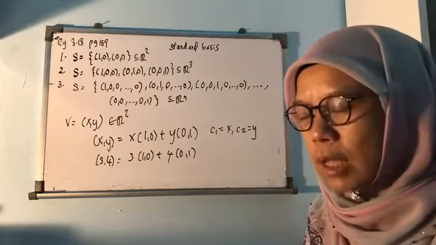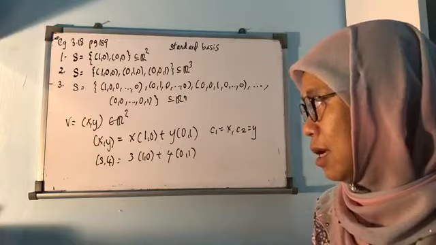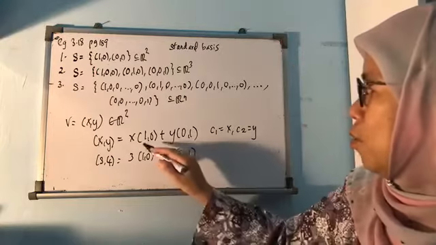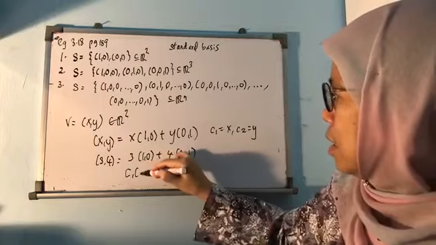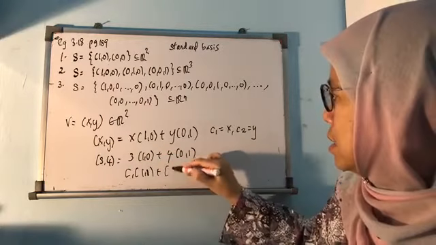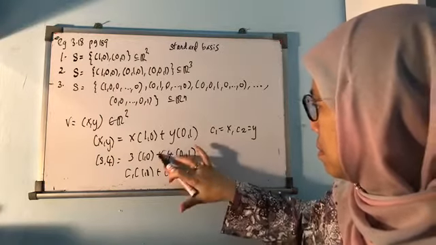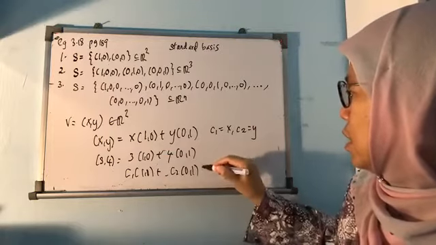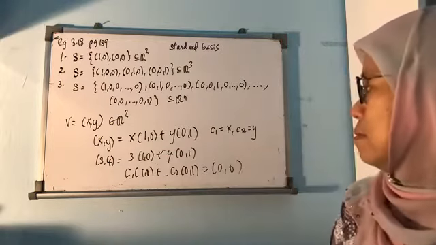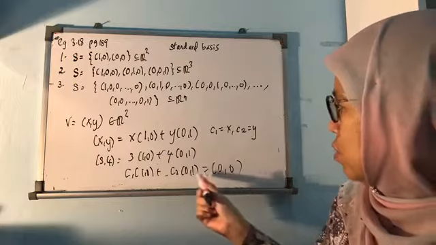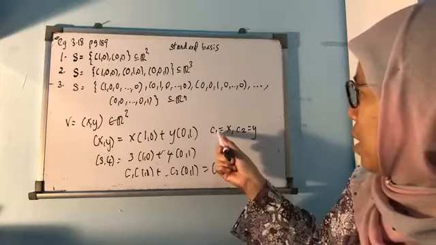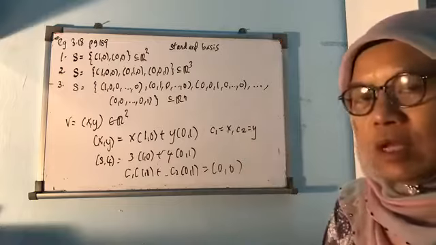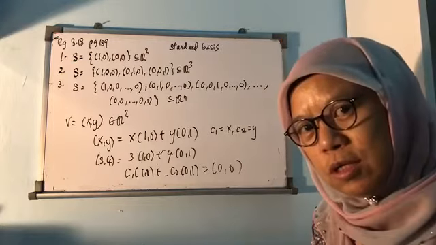And when you want to show that they are linearly independent, you write C1 (1, 0) plus C2 (0, 1) equals (0, 0). When you set it equal to (0, 0), now x is 0, y is 0 will give you C1 is 0, C2 is 0.